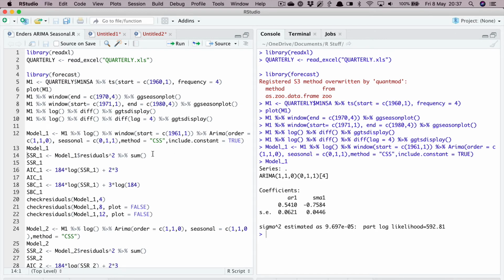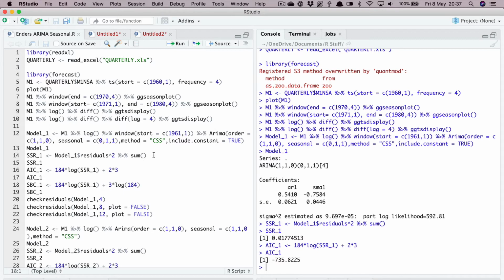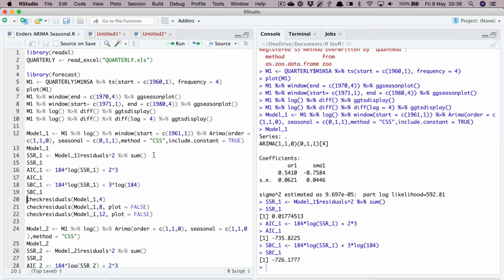Now, calculating the residual sum of squares, the AIC and SBC as in the previous video, we get this for the AIC, SBC. Again, I'm just using the basic formula which you've seen before, which you can find in Enders' text or any other. And these again are the same values as Enders, of course.